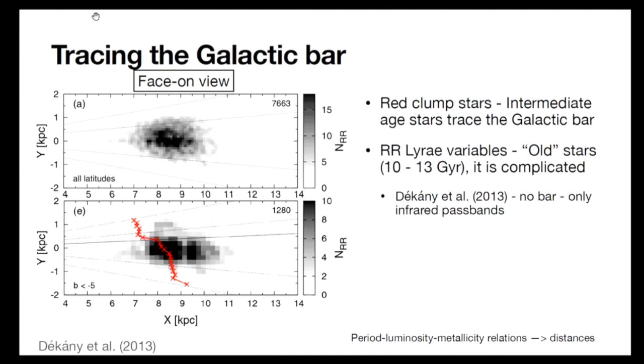The first one is from Istvan Dekany from 2013. He used VVV data, targeted RR Lyrae stars in the galactic bulge, and you see just a bulk of stars that don't seem to have any extent, no tracing of the Milky Way bar. So he and his collaborators concluded that old population stars don't seem to be tracing the Milky Way bar.